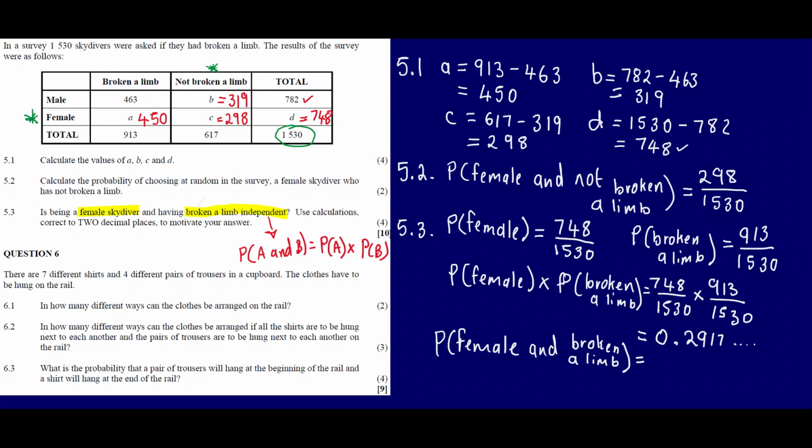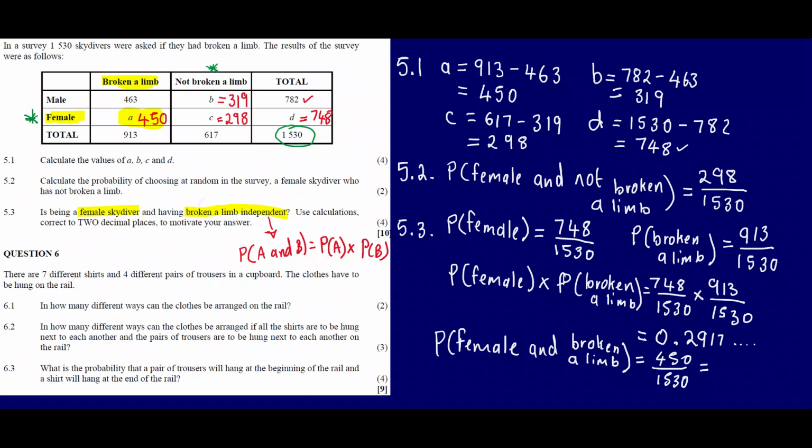Sorry about that. So let's look at the intersection between these two events. We want the broken limb and we need females. So this is 450. The answer over there is going to be 450 over 1530.